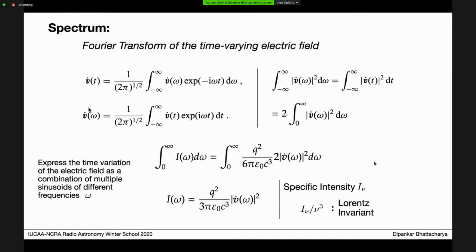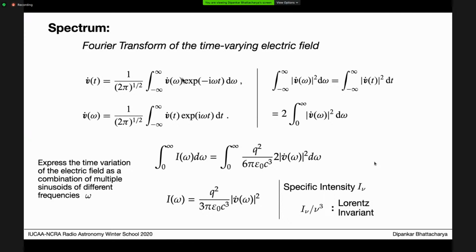And if we know v dot of omega, v dot of t can be reconstructed by the inverse Fourier transform, the integral of v dot of omega e to the power minus i omega t d omega. So v dot of t is then expressed as a linear combination of many different components, each with a different frequency omega, and the amplitudes of those components are given by this v dot of omega.